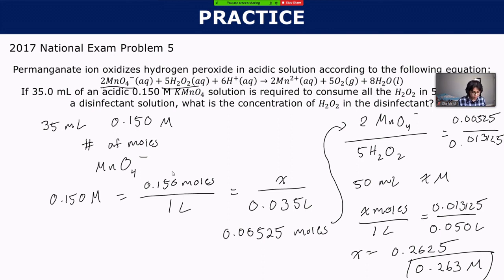Once we found the number of moles of H2O2, which is this number right here, we know that in a 50 milliliter solution, there's going to be that many moles. So how many moles are going to be in a 1 liter solution? And you can set up the proportion to figure that out. And we figured out that it's going to be a 0.263 molar solution.